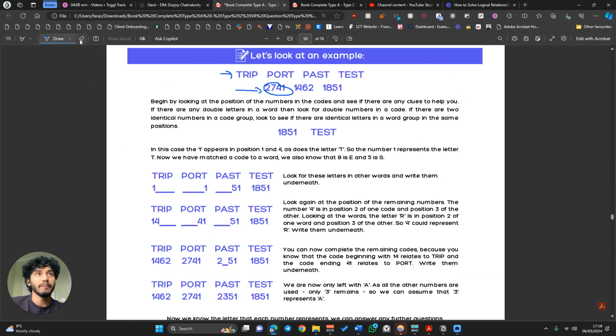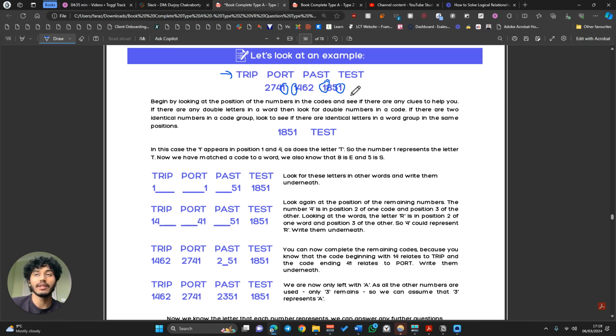What it's done here, how you figure this out, is you look first for the similar numbers. So you can see there's 1, 1, and 1, and 1. And obviously the 1 is going to mean the same letter in each of these. Okay, so if the 1 is equal to, for example, P, then we need a word that has P at the front and P at the end.